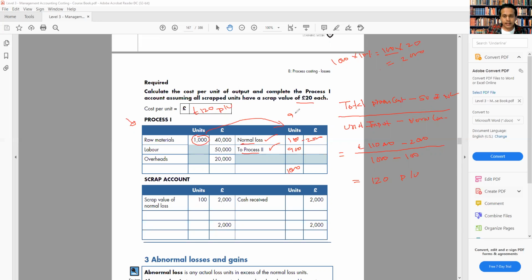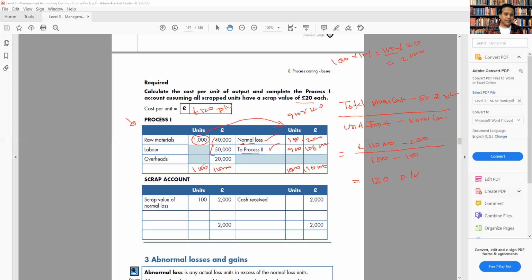So 900 times 120 gives me 108,000. And if we add these two, that should give me the same amount, 110,000. And if I add these three, that should give me the same amount, 110,000, and that is for 1000 units.